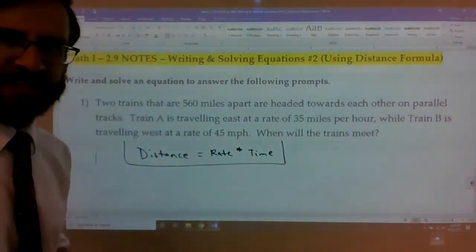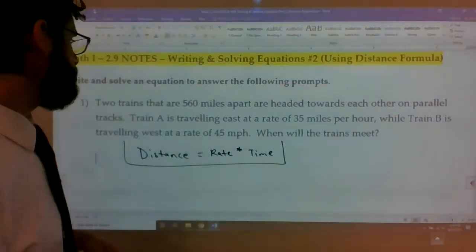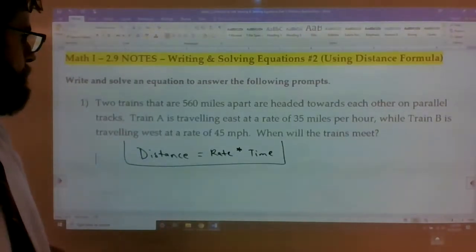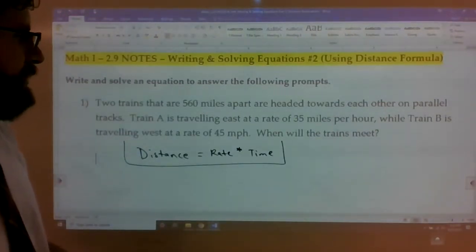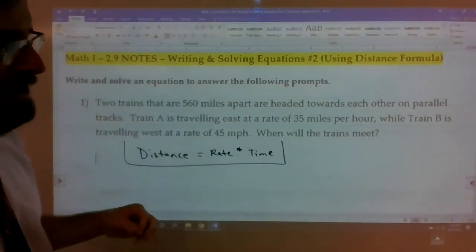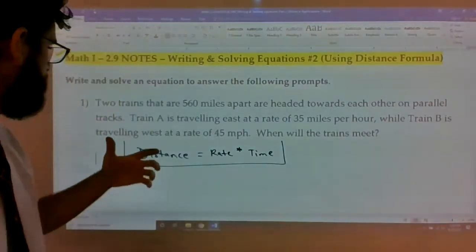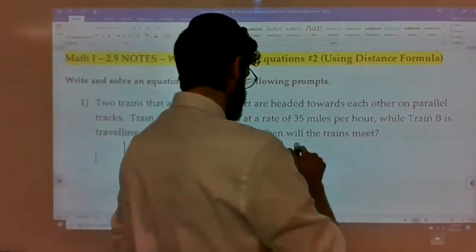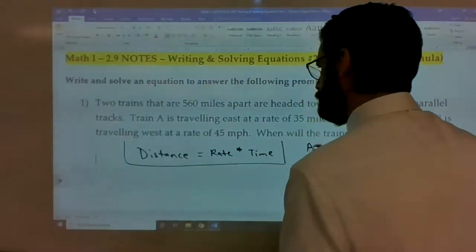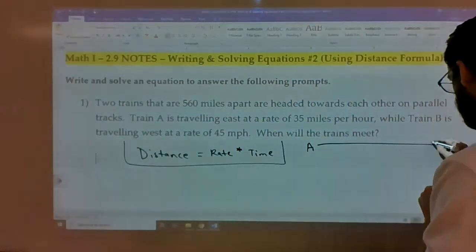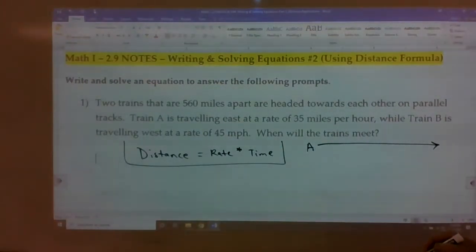So let's see if we can make sense of these three examples. The first one's all about trains. We know that they're 560 miles apart and heading towards each other on parallel tracks, so we're not going to have a train wreck here. Train A is traveling east at a rate of 35 miles per hour.